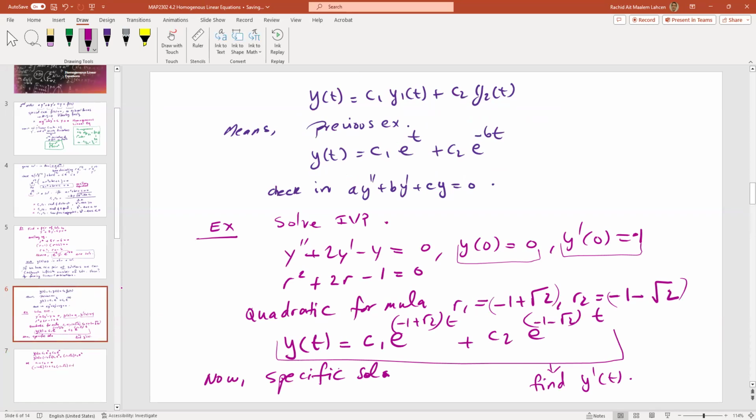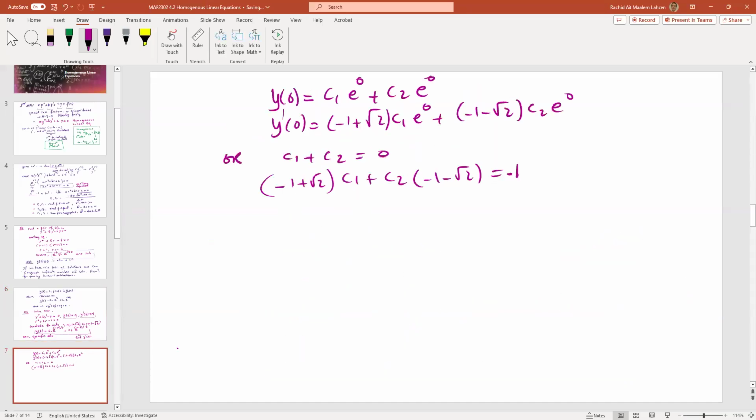Let's copy it correctly the way this one is. Okay. Negative 1. So C1 for negative C2.